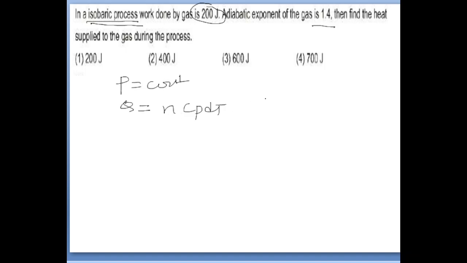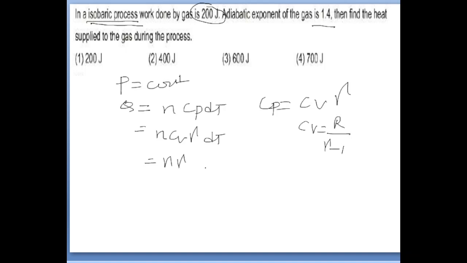Cp is Cv into gamma, so you can substitute: n Cv gamma dT, which is n gamma dT. You already know Cv is R by gamma minus 1.